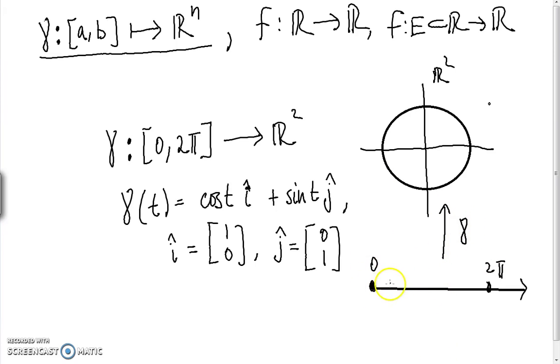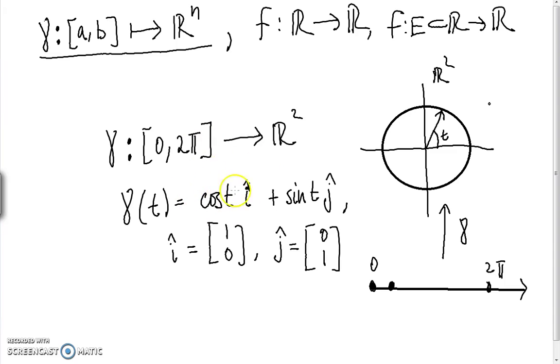It maps points on this line to actual vectors which lie on the circumference, on the circle, not on the interior. Another way of viewing what t is: t is actually nothing but this angle over here. So that's another way of viewing t.